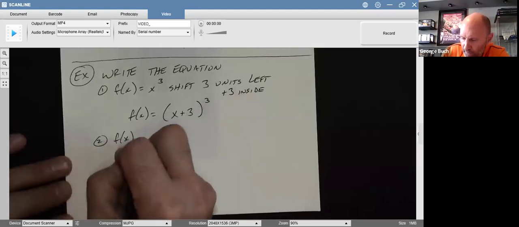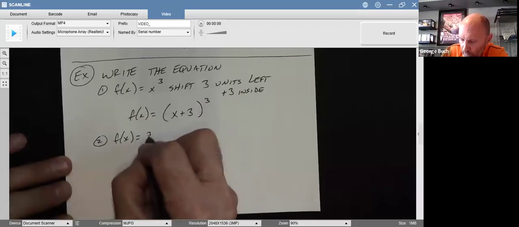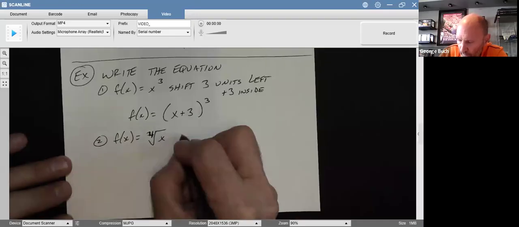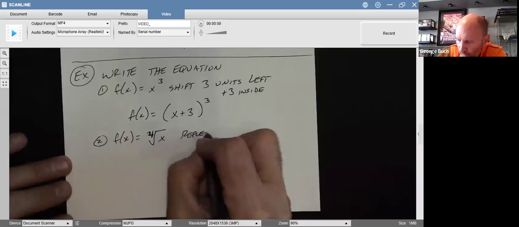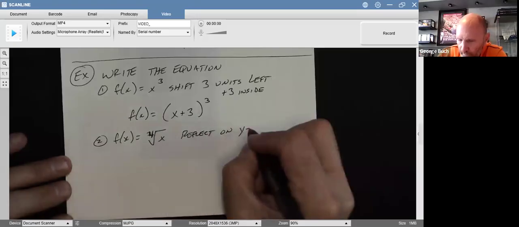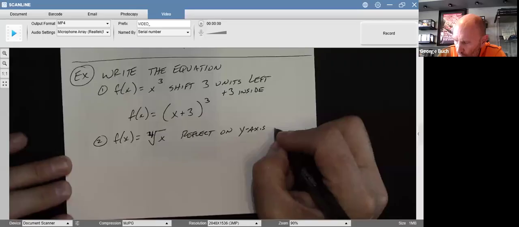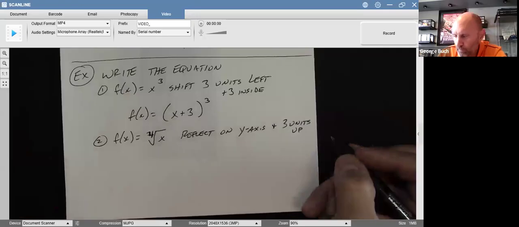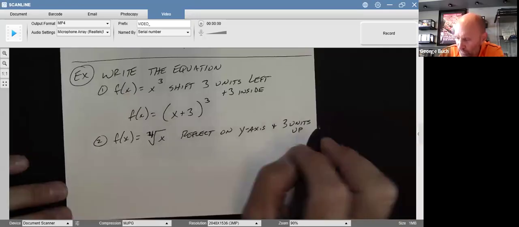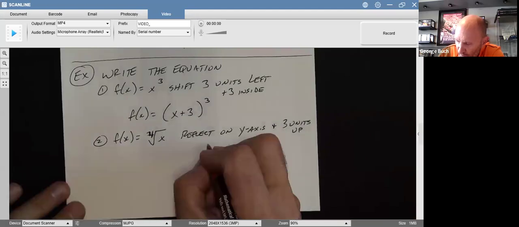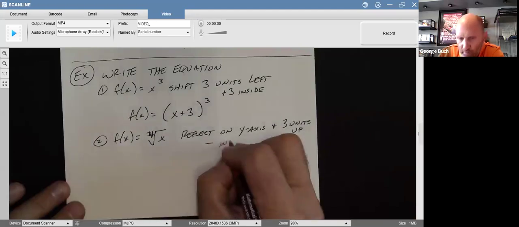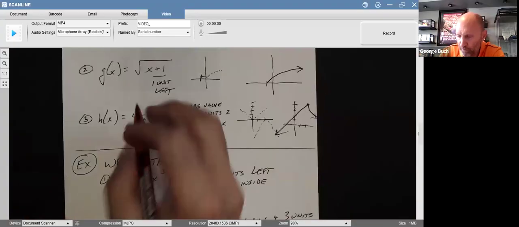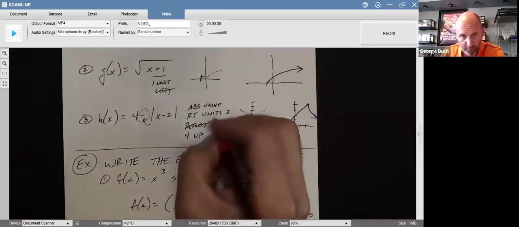What if I have f of x is the fourth root of x, and we want to reflect on the y-axis and go up 3 units? How does each of these play out? Well, if I'm reflecting on the y-axis, it means I have a negative inside the function. We saw up here that when we have the negative in front, that's reflect on the x-axis.